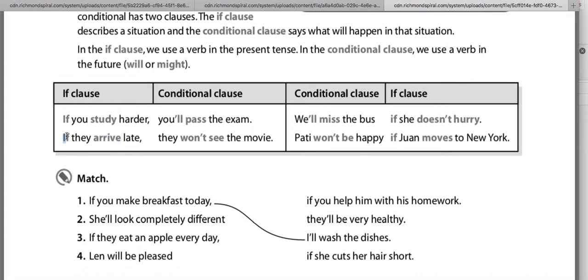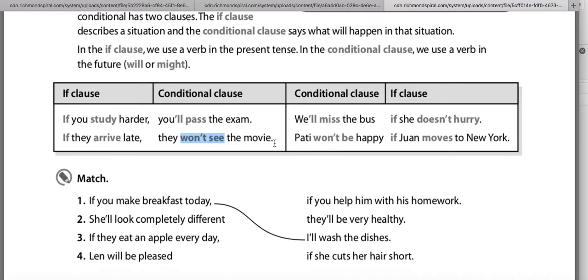But in the conditional clause, in this case, we use the verb in the future. Okay, we have if they arrive late, they won't see the movie. We are using the verb won't see in the negative future form with won't.